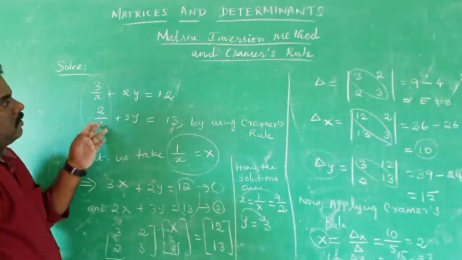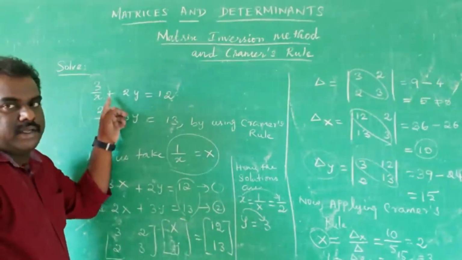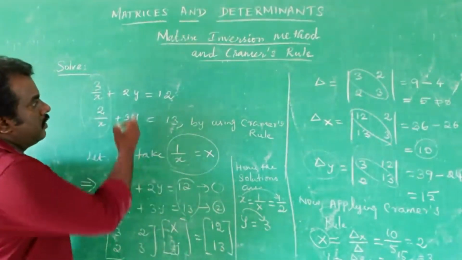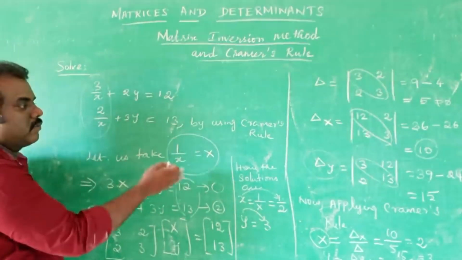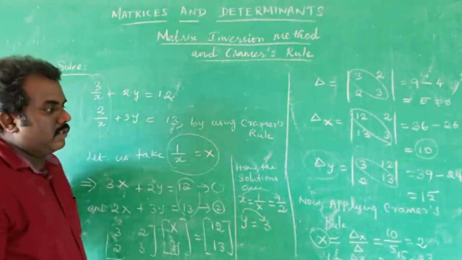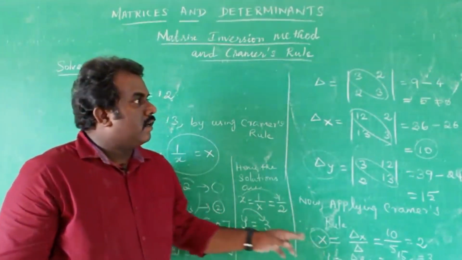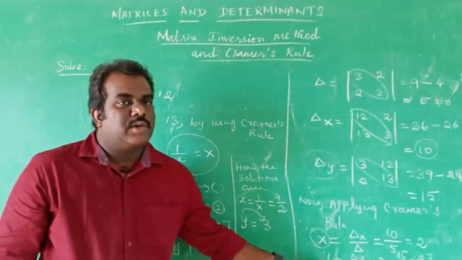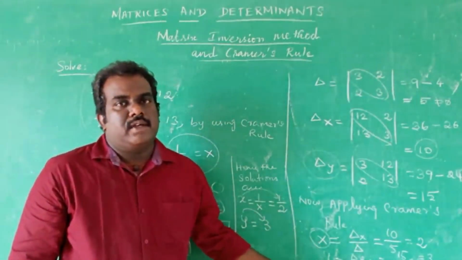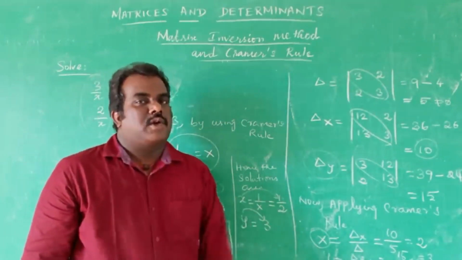In this, in the first step they are given as 3/x and 2/x, in which 1/x can be taken as capital X. If y were given as 1/y, you would take 1/y as capital Y, get the value of capital Y, and finally interchange the values to get small x and small y.